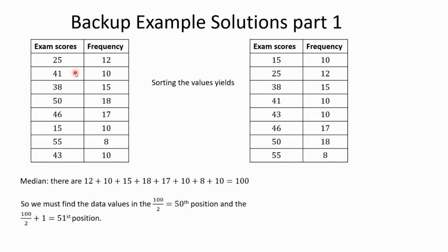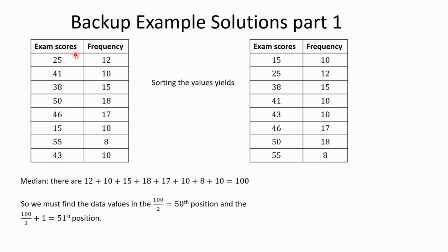To get the median, one thing you have to do, if you remember, is sort the data from smallest to largest. Now you only want to sort the exam scores, that is, the data values. The data values here are the exam scores.